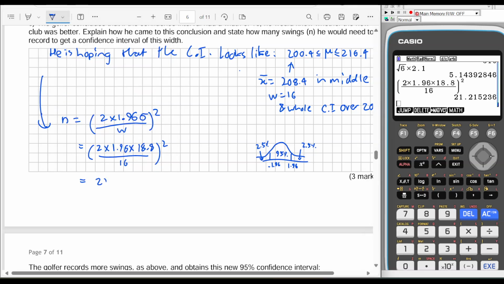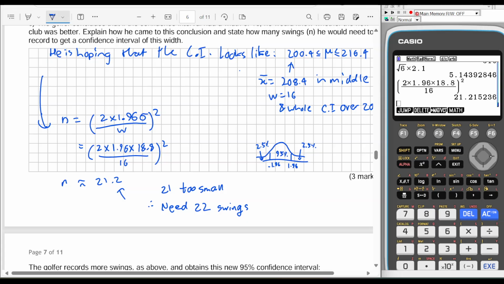It's about 21.2. Now, really importantly, when you deal with this n value, 21 is too small because we actually want 21.2. Therefore, we need 22 swings. It's really important that you always round up.